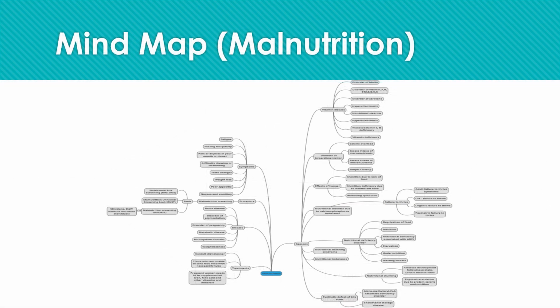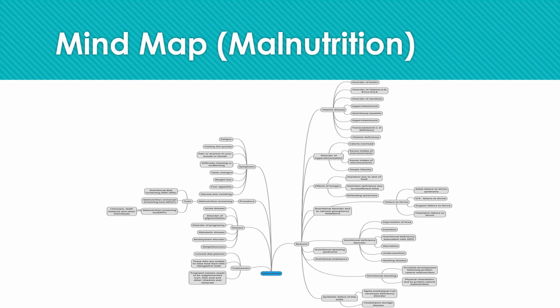Now I will explain the mind map of my DSS. First we will see the causes of malnutrition. The first one is vitamin disease. In vitamin disease there are two main disorders: vitamins A, B, B12, C, D and K, and vitamin deficiency.